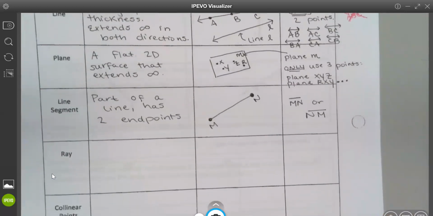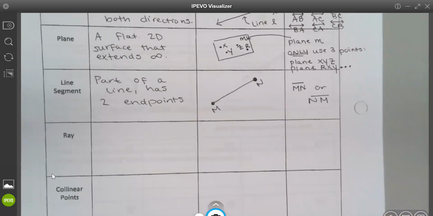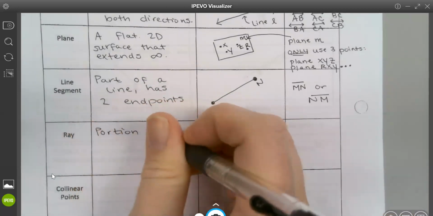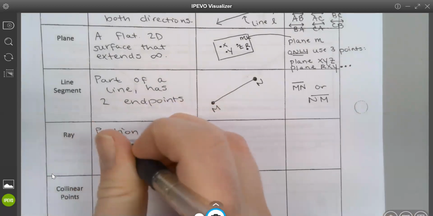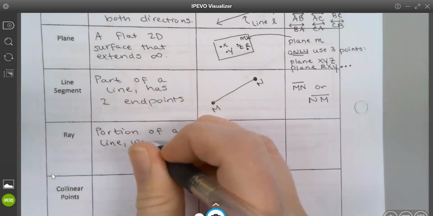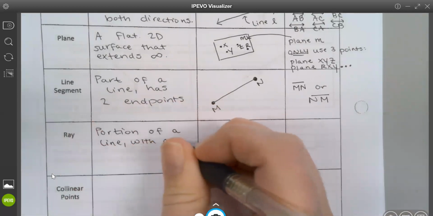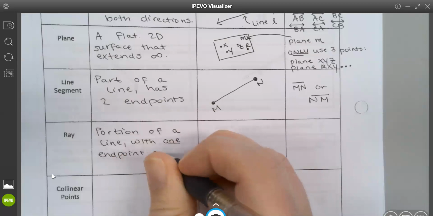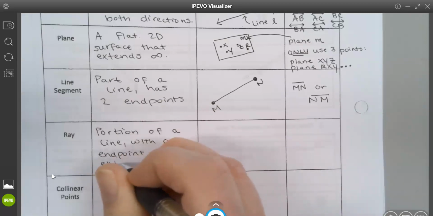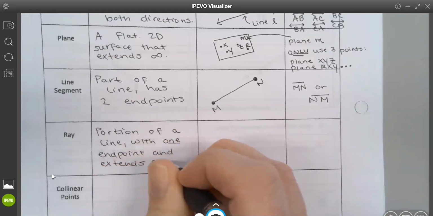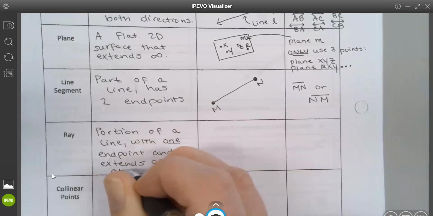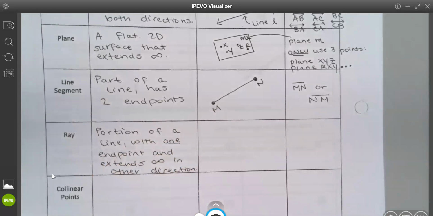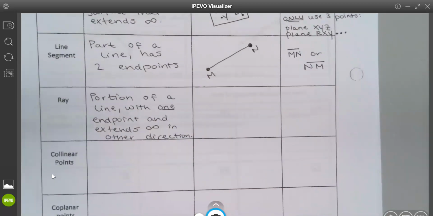And then we have our rays. Now, a ray is also a portion of a line. But this portion has one endpoint, and it extends in the other direction.